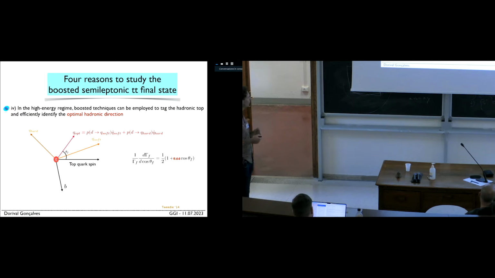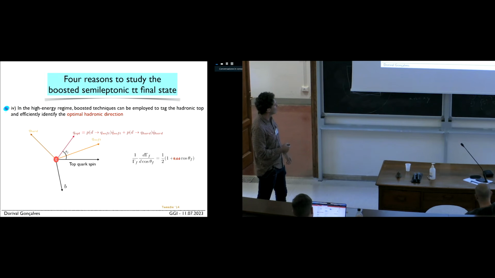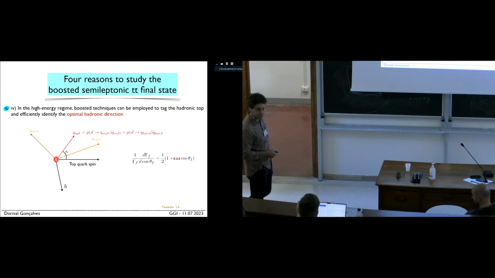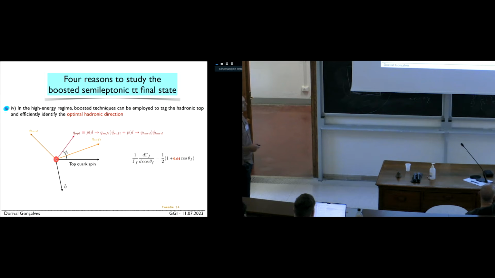We know that the hard jet tends to be more forward at the top rest frame, and the soft jet tends to be more backward. You can model that in terms of the helicity angle and have some weighted sum for this optimal direction. If you do so, it can be shown that the spin analyzing power is uplifted from 0.5 to 0.64. So we can use this as an analyzer for the top direction, even in the hadronic case.